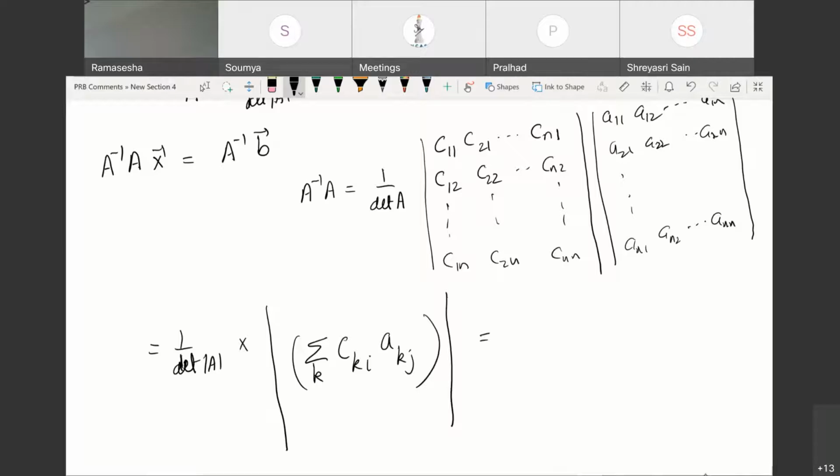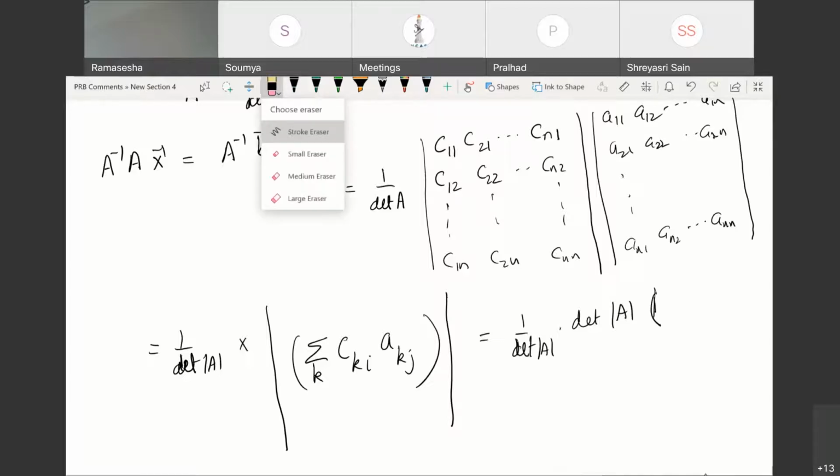And this we know is equal to 1 upon determinant A times determinant A times delta ij. So this is equal to delta ij. Okay, so A inverse is equal to A the way I have defined it.